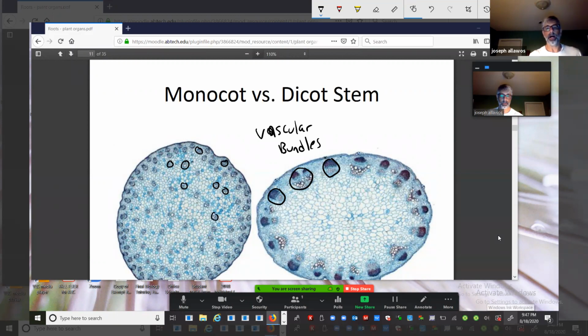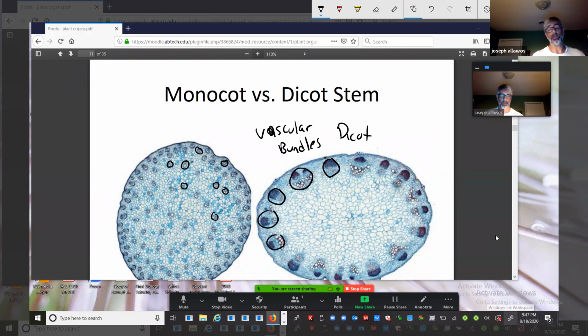In a dicot, the vascular bundles form a cylinder or a ring around the stem. And what you're looking at is the cross section through a stem of an annual monocot over here and an annual dicot over here. And so you can see that the vascular bundles have this pattern where they go around and form a ring. In the monocot, they're scattered. So you have scattered vascular bundles here, and you have sort of a pattern of vascular bundles here.